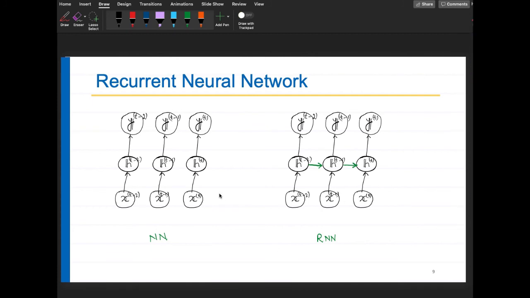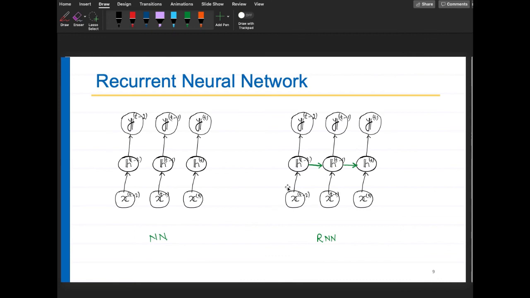In an ordinary neural network you have xt minus 2, it gives rise to ht minus 2, which gives rise to yt minus 2. At the next time instant you have xt minus 1, it gives rise to ht minus 1, which gives rise to yt minus 1. There is no dependency across time, right? If you want to introduce dependency across time, what will you do? You just add these connections.